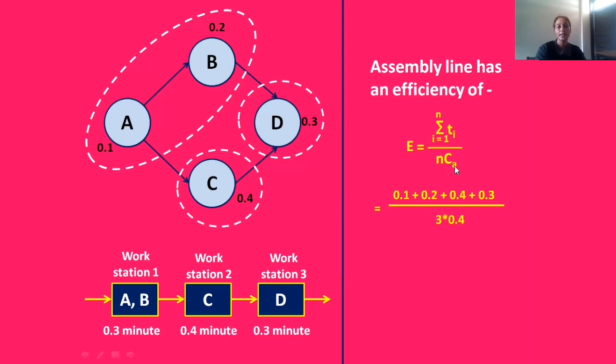CA is the maximum workstation time, which is 0.4, so we have written it here as times 0.4. Now we can solve this and write it as 1 divided by 1.2. That gives us 0.833, or 83.3%, which is the efficiency of the assembly line.